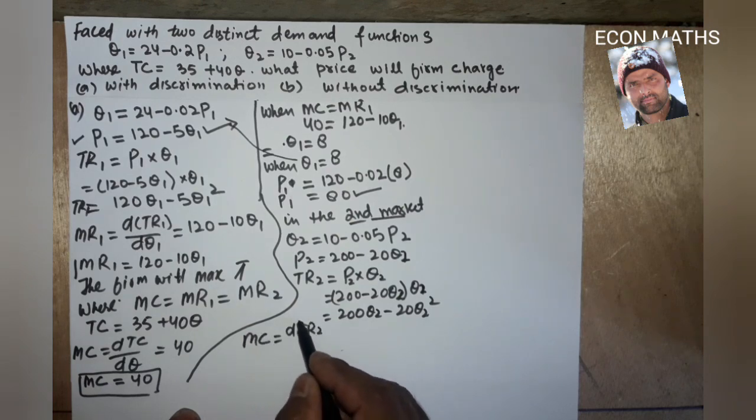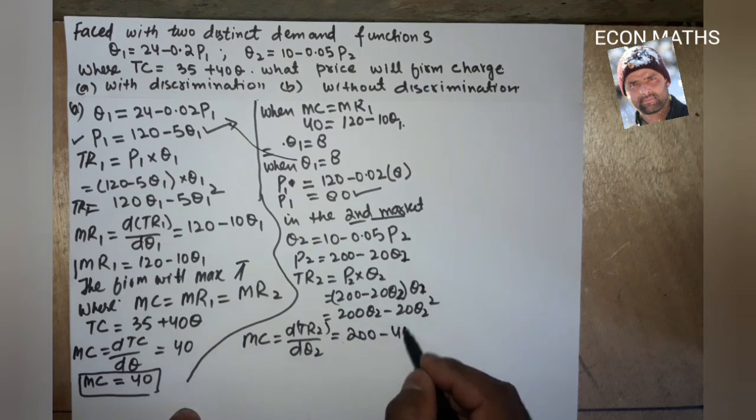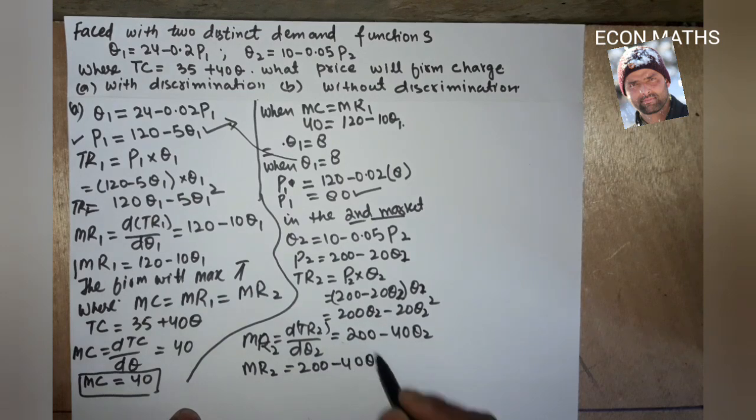So dTR2 over dQ2 will give us 200 minus 40 Q2, so it is marginal revenue in the second market. Therefore, marginal revenue is equal to 200 minus 40 Q2.